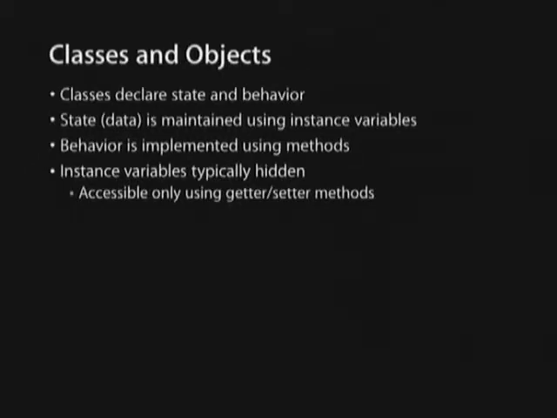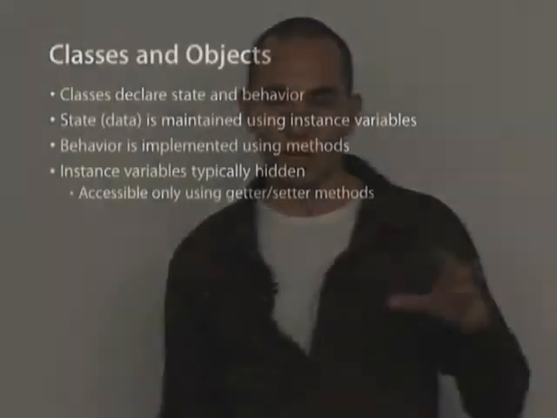So if you have an instance of an object, you can't access those instance variables directly. You have to go through something called getter and setter methods. There's ways that make creating the getter and setter methods very easy. But it's an important point that you actually cannot get to the memory within a class without an accessor for that memory.